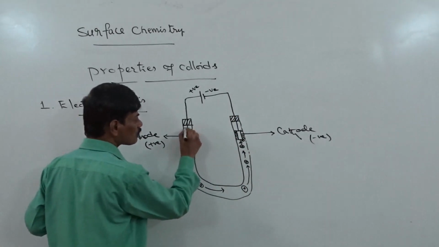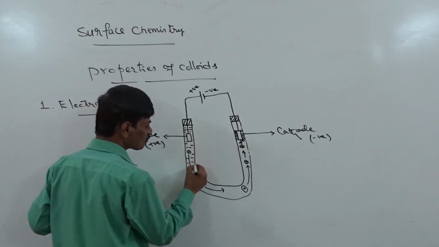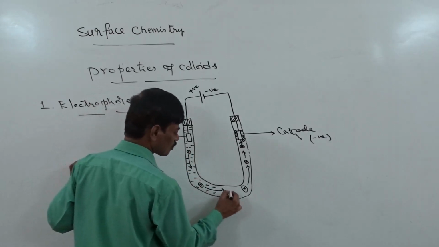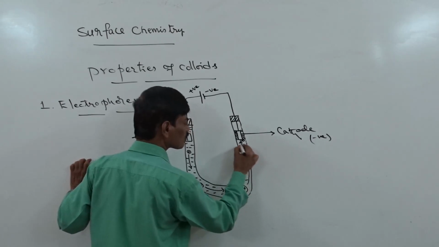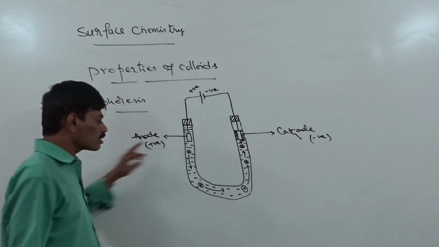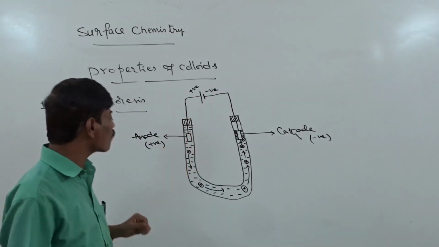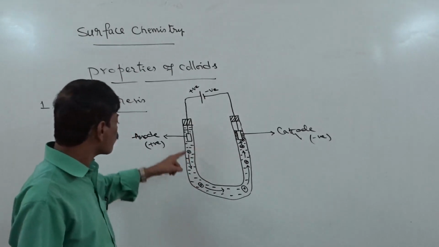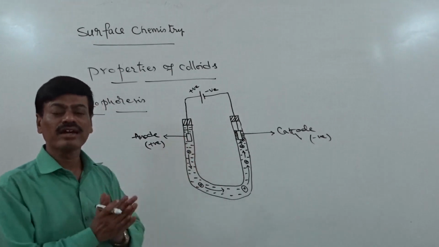Dispersion medium is this. So movement will be like this. In this way you can show. Otherwise, you can show movement of negatively charged particles towards this positively charged platinum electrode. In any way it can be shown.